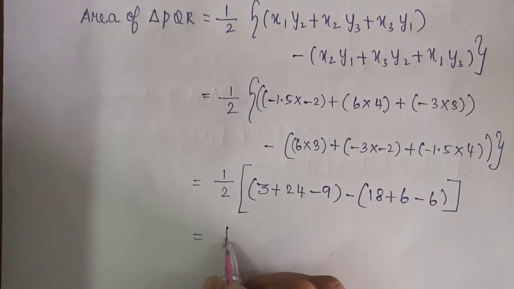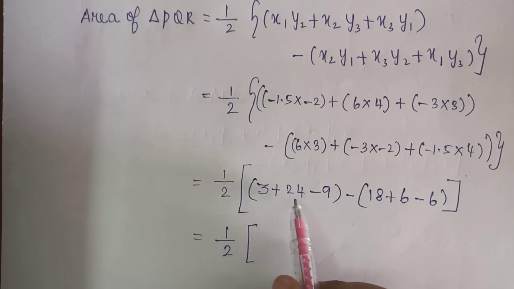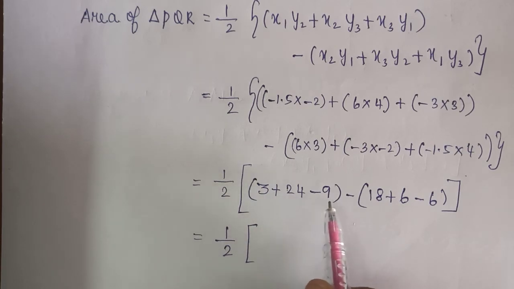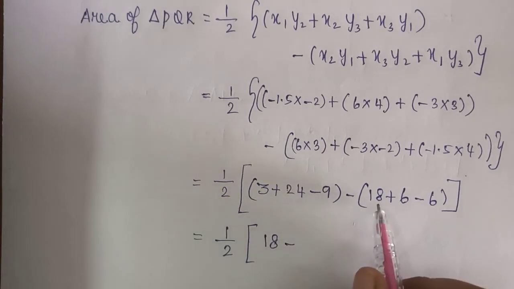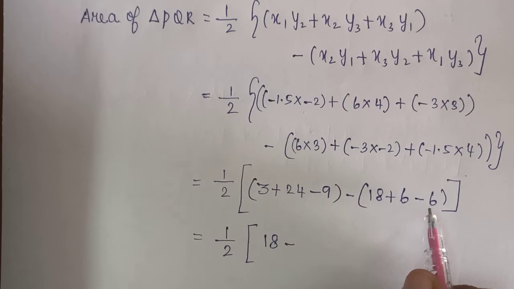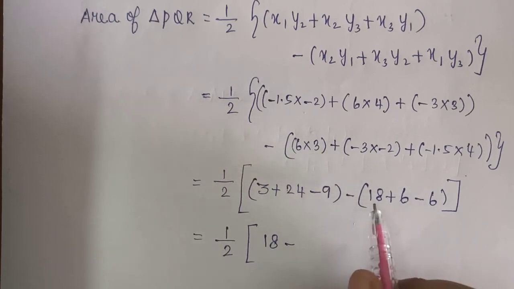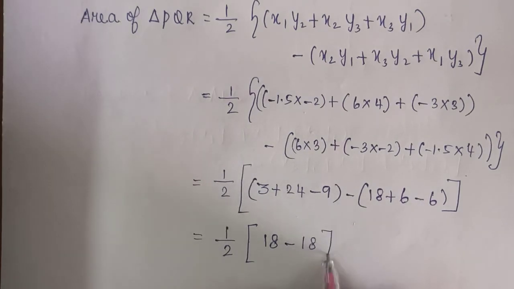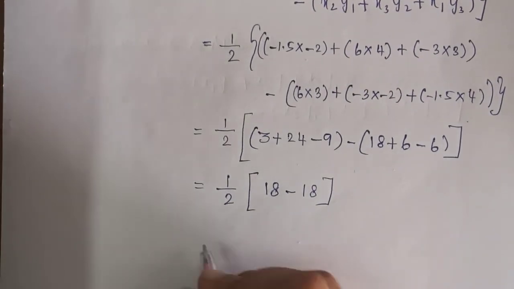which is equal to 1 by 2 into 3 plus 24 minus 9 is 18. Similarly minus 18 plus 6 minus 6. So plus 6 minus 6 gets cancelled, means 18. So 18 minus 18 is 0.